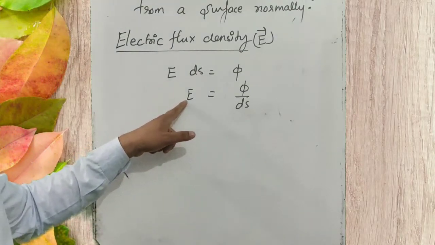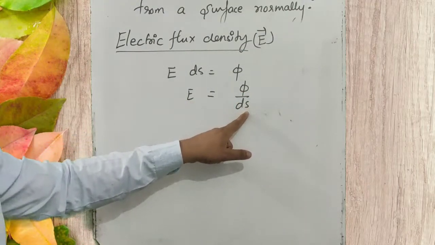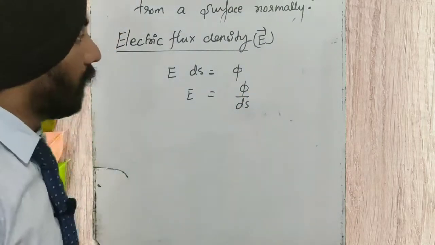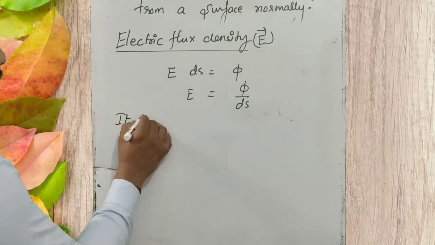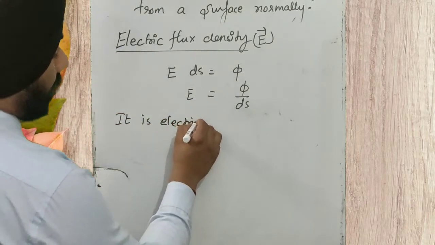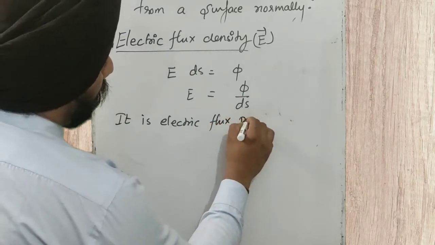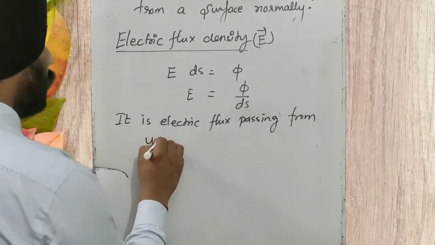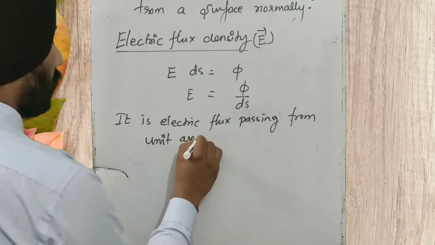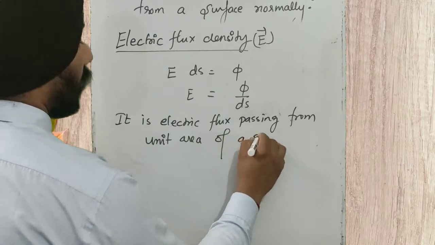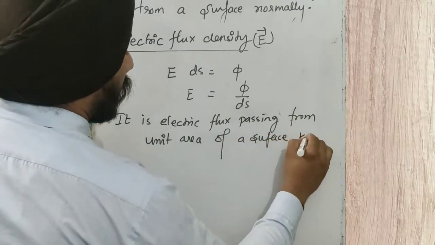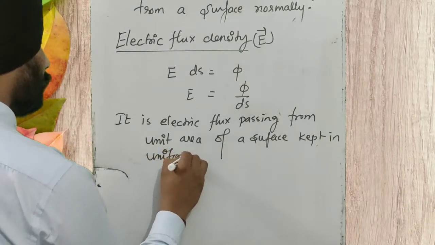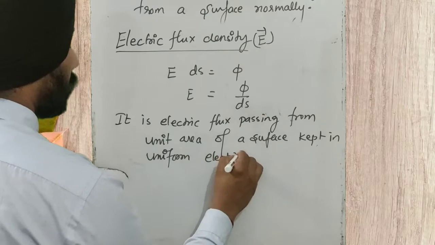So what is electric field here? It is equal to flux upon area. Flux upon area means it is the electric flux passing through unit area of a surface kept in a uniform electric field.